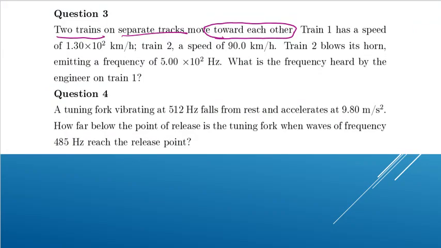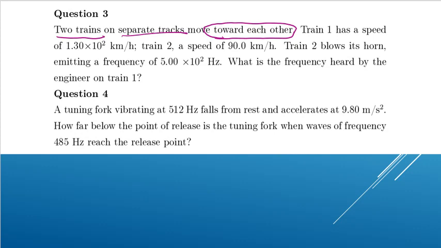So train 1, the speed Vt, has a speed of 130 kilometers per hour.